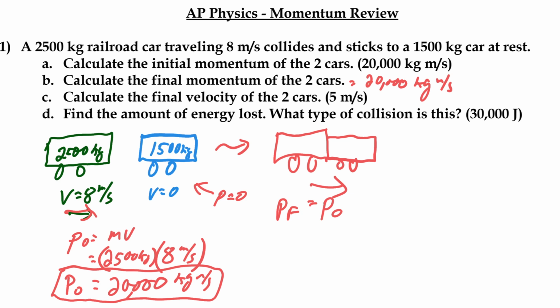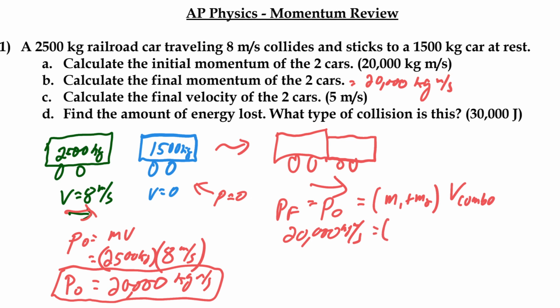Alright, knowing that, we can now find the final velocity of the two cars. So since we know that the initial momentum is 20,000, the final momentum, well, the two cars are moving off together, right? So we could write this as mass 1 plus mass 2 times the combined velocity afterwards.